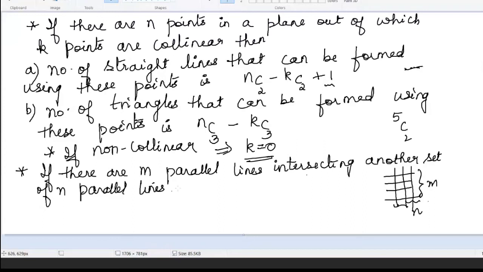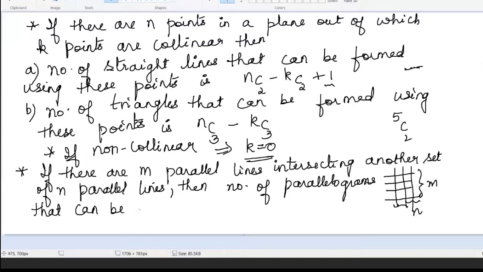Okay, then the number of parallelograms that can be formed is MC2 into NC2.